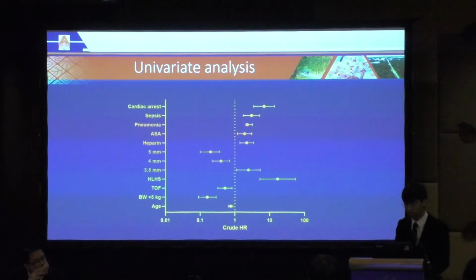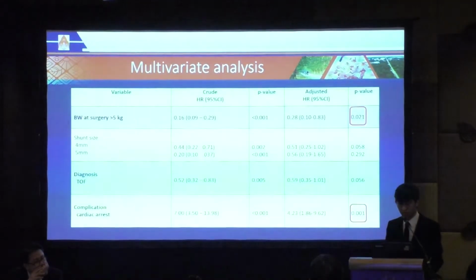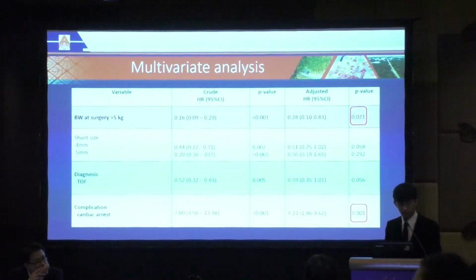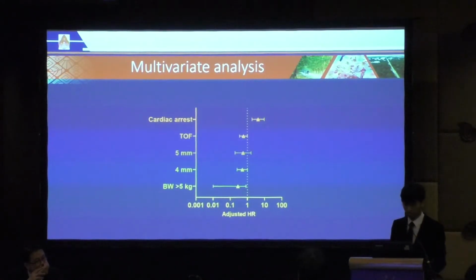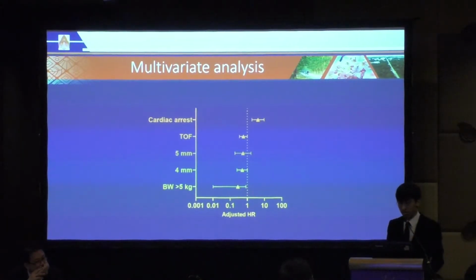This graph shows the univariate analysis, but in multivariate analysis we found just 2 factors that were significant: body weight more than 5 kg and cardiac arrest. This is a graph to show the multivariate analysis.